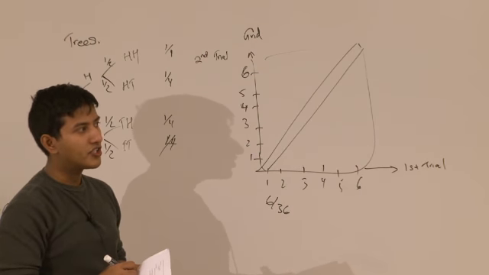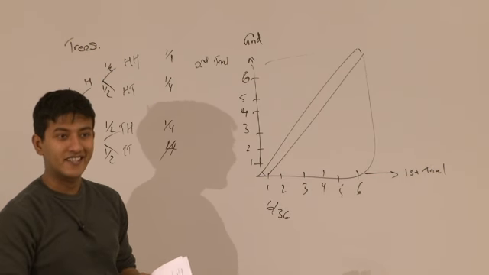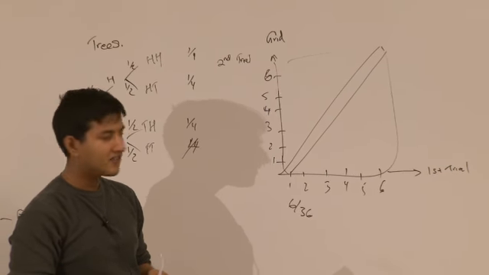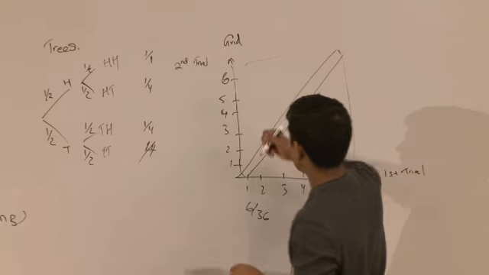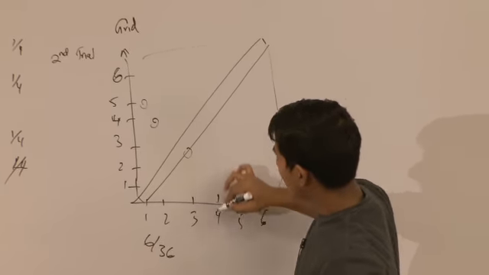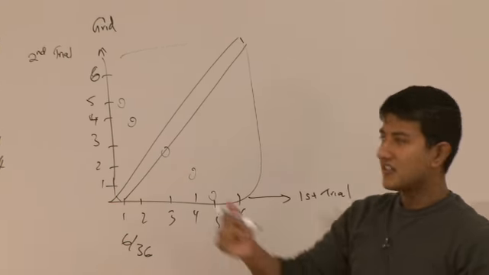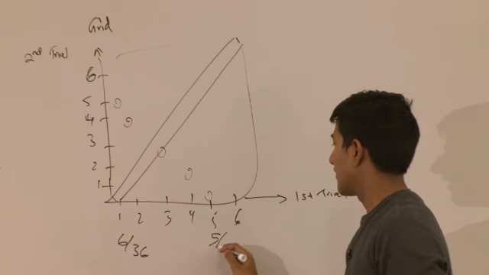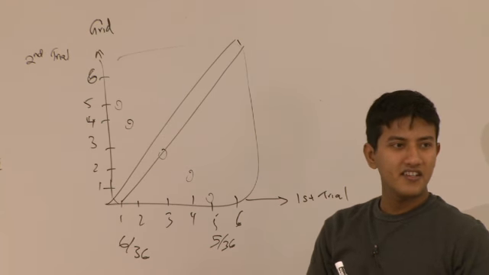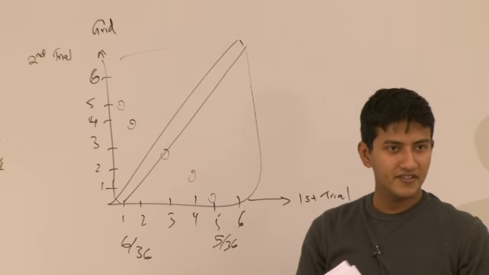How can you find the probability of getting a cumulative total of, say, 6? Then again, it will be very simple. It could be 1, 5, 2, 4, 3, 3, 4, 2, 5, 1. Right? So it will be 5 by 36. Okay? So either by using trees or grid, you can easily find the probabilities.